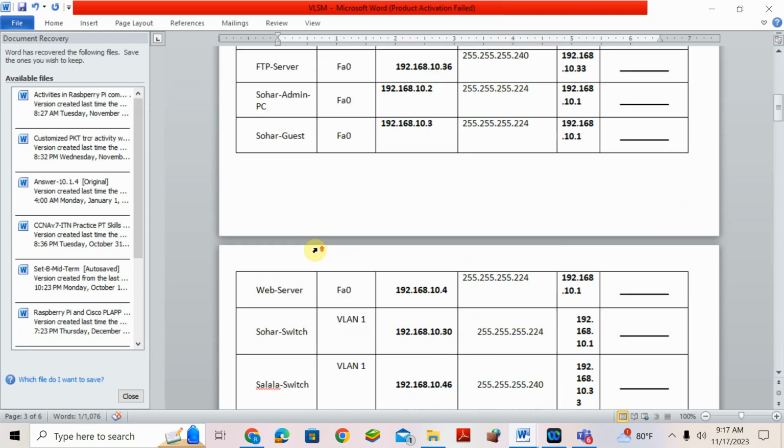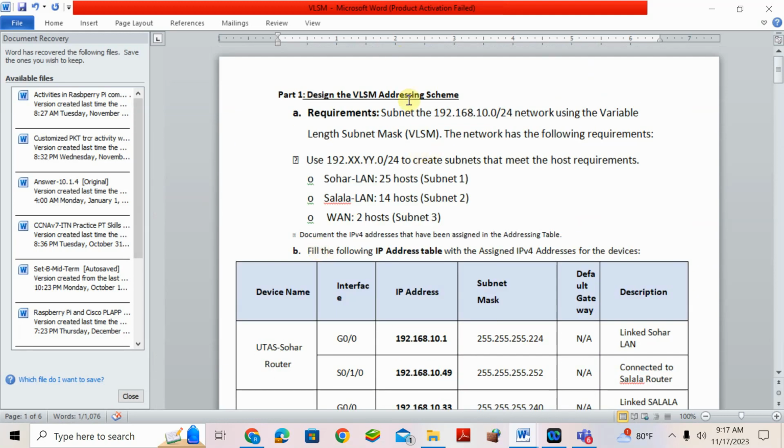For example, I am going to divide this network into three different networks. Each network requires a different number of host addresses. One requires 25 host addresses, another requires 14, another requires only 2. This is called VLSM, variable length subnet mask, and they will have different subnet masks. I will tell you later.